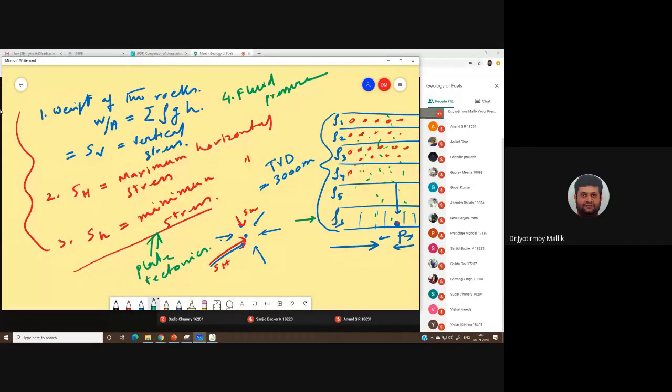So there will also be additional forces acting at this point P, expressed in terms of SV, S capital H, S small h. I mean the effect of plate tectonics will be added on SV, S capital H and S small h. Or in other words, both weight of the rock as well as plate tectonics will contribute to SV, S capital H, S small h, and then there will be fluid pressure.